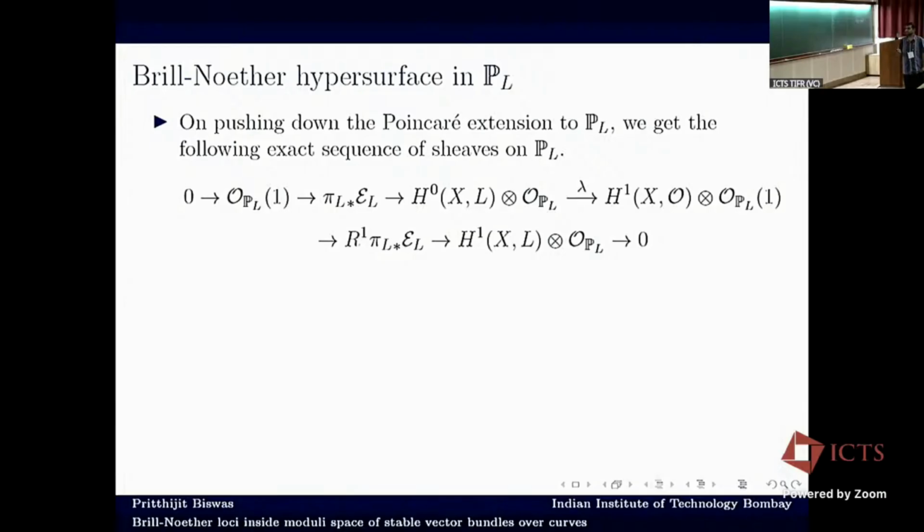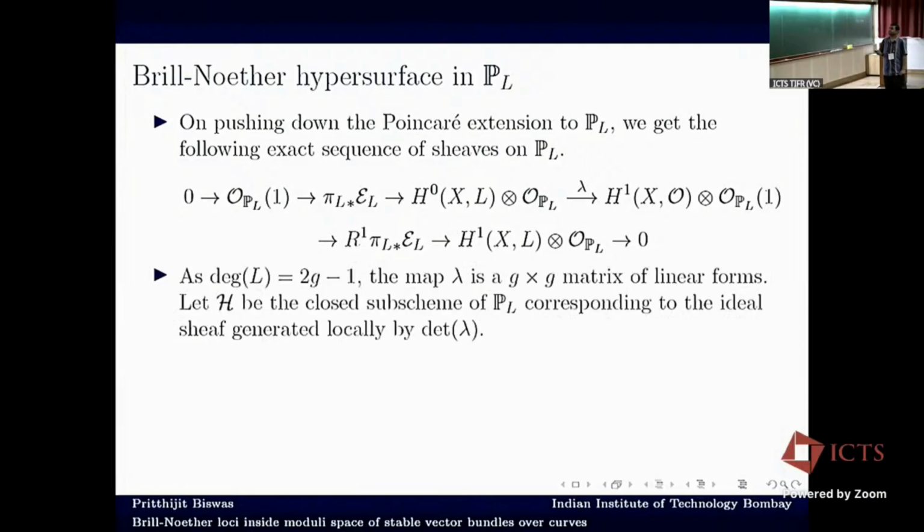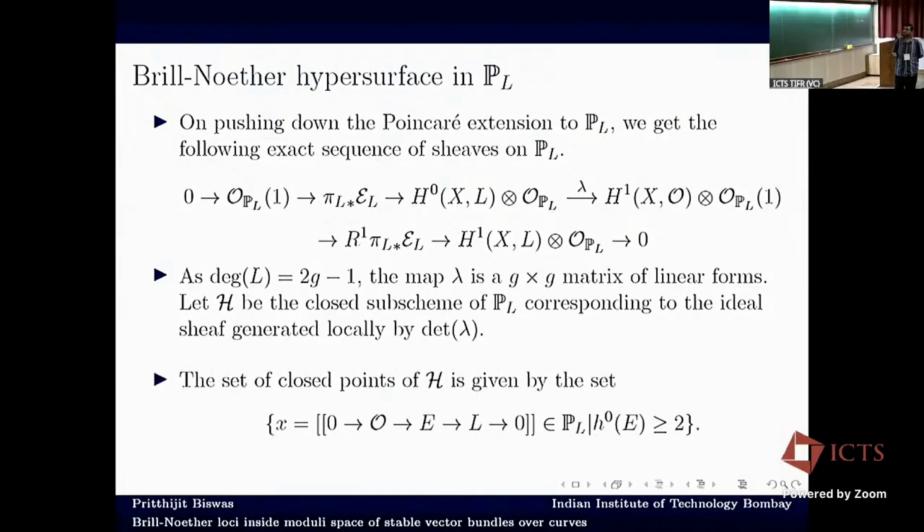Because of the degree assumptions, H0 of XL and H1 of XO both have dimension g, so you get lambda, a g cross g matrix, and then you define the closed subscheme of PL corresponding to the ideal sheaf generated by the determinant of lambda. And one can check that this is precisely given by all those extensions where the middle term has at least two linearly independent global sections.